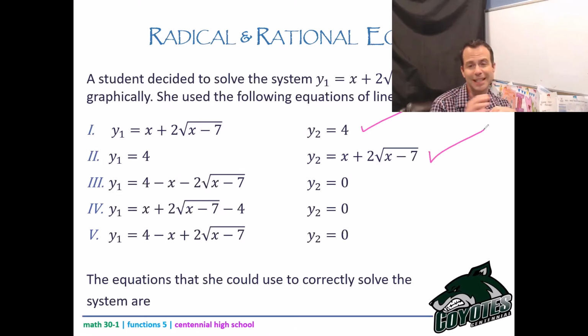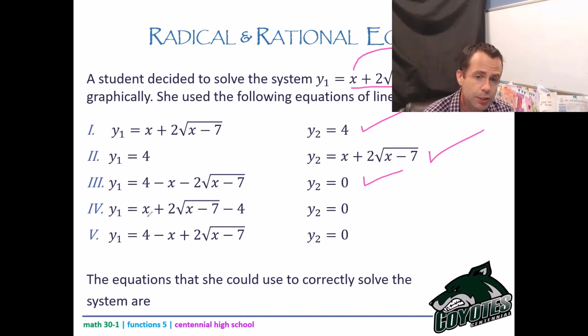That is completely inconsequential. In the third one, she went 4 minus x minus 2 root x minus 7 and y2 equals 0. Well, that would work if these were equal to each other and then she brought the x over and she brought the 2 root x minus 7 over. That would leave her with 0. So that one is also totally cool.